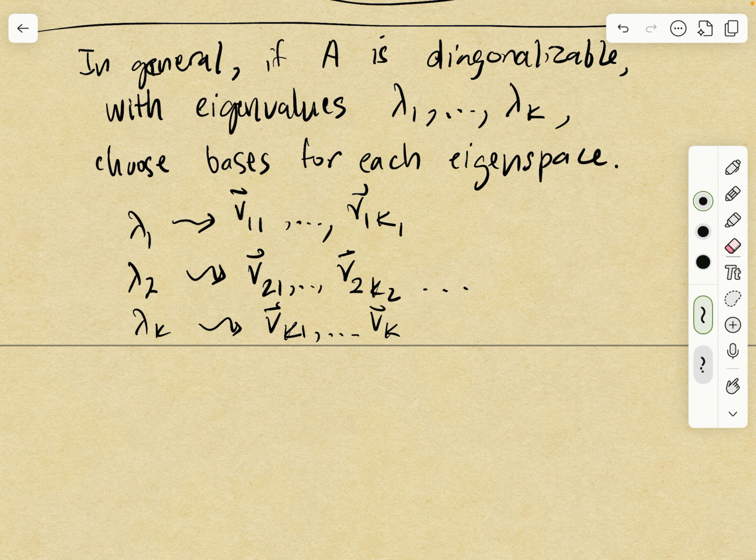Let's call these sizes n1, n2, up to nk.